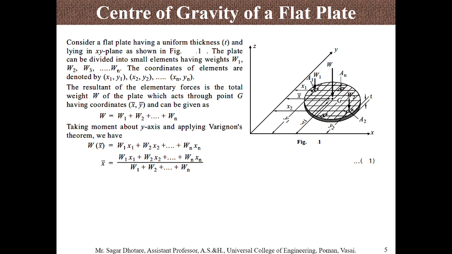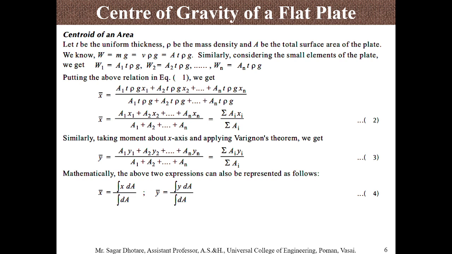So to identify the x location of the center of gravity, the formula is x bar equals W1 x1, that is the first particle's weight into its x coordinate distance, plus W2 x2 and so on up to Wn xn, divided by the total summation of the weights.